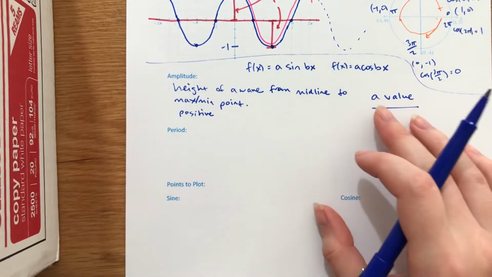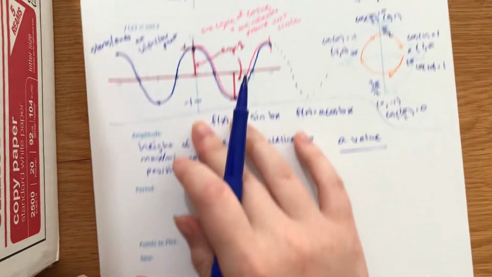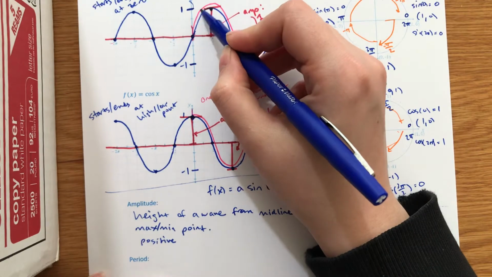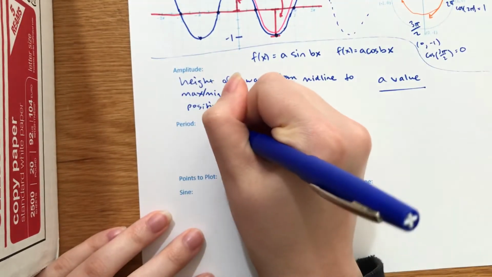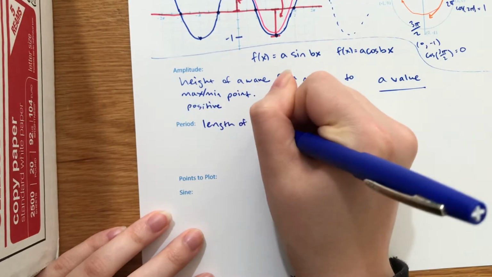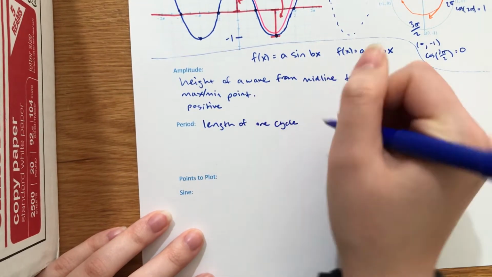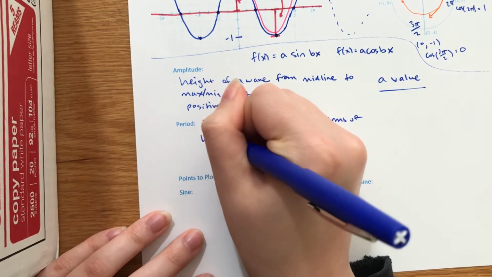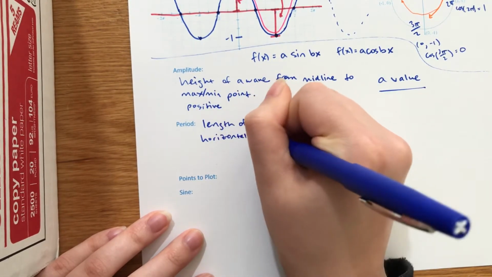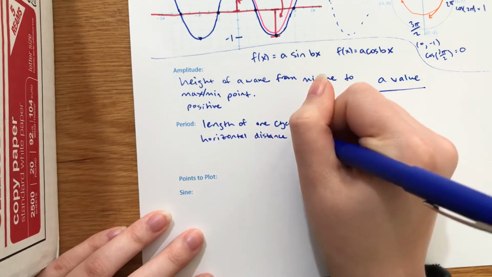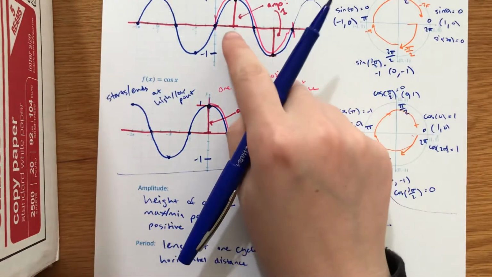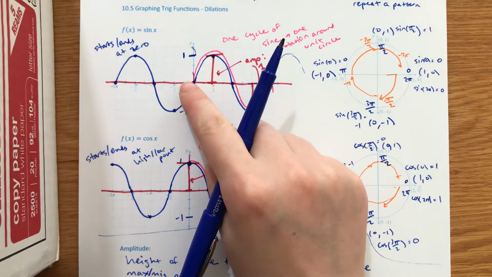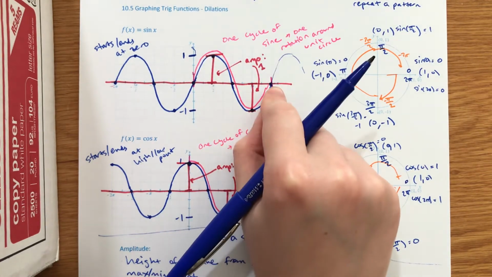All right. Next up is this thing called the period. And so the period has to do with the cycle. So this is the length of one cycle. And so a period is the length of one cycle in terms of horizontal distance. So how long did it take for the sine graph to complete one cycle?